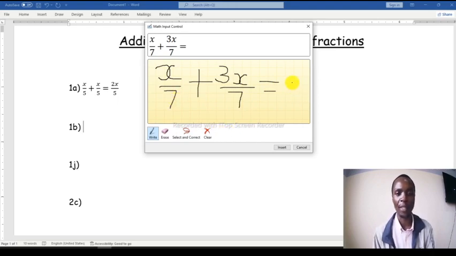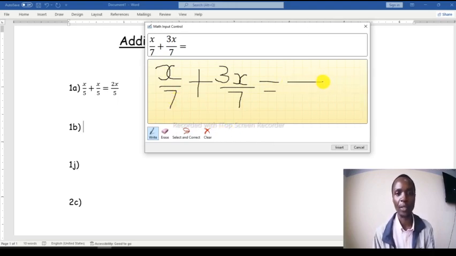Here again we have the same denominator, so it's not a problem. We just continue with the same denominator, and then for us to correctly work this one out, we just need to add the numerators, 1x plus 3x, which is equal to 4x, so 4x over 7.